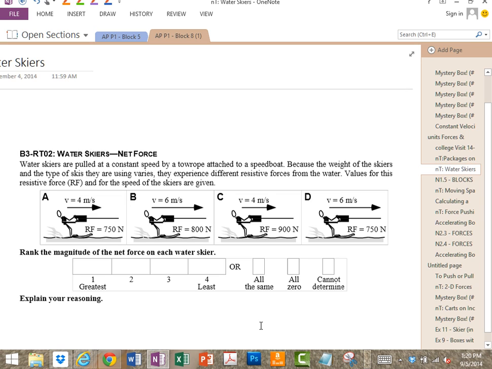Because if they're all just moving at constant speed, then you can pretty much negate the resistive forces. It doesn't matter, different velocities. The resistive force would only play a factor if there was acceleration. They're still all going at constant velocities. But they're constant, so it's 0 again.